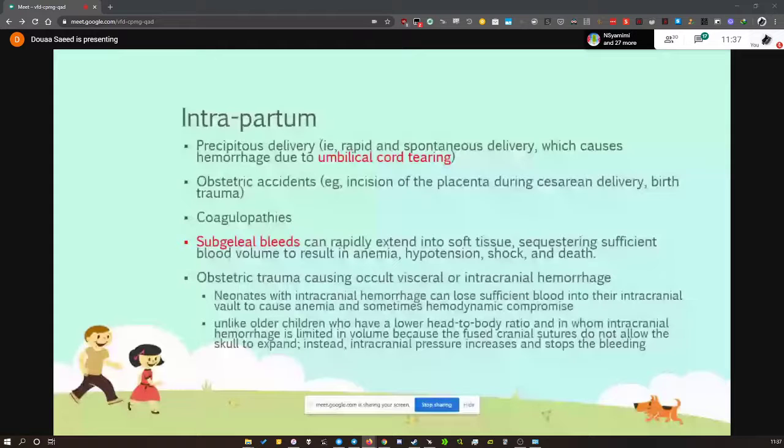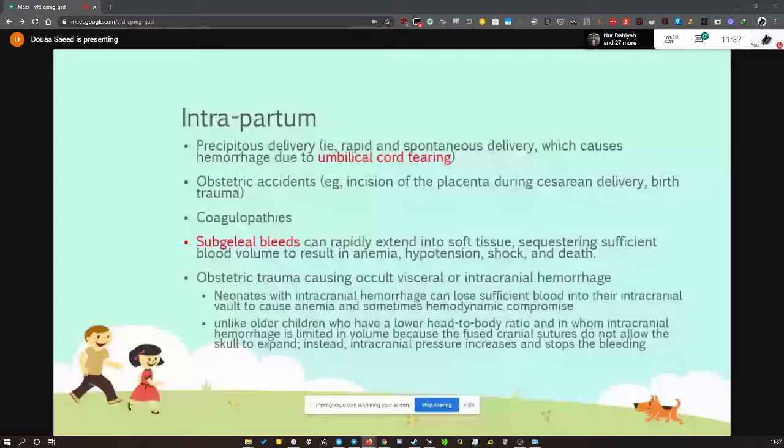There can also be coagulopathy, both on the mother and the child side, that can cause hemorrhage, and at this point we have to focus on subgaleal bleeds, which can wrap into the soft tissue, and they will gather or sequester there sufficient blood volume to cause anemia, hypotension, shock and death.